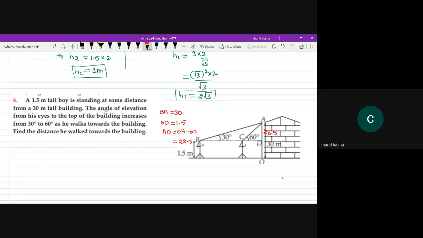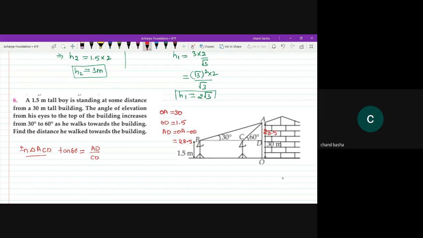So first I am going to consider triangle ABD or ACD. I am going to take first ACD. In triangle ACD, tan 60 is equal to AD upon CD.